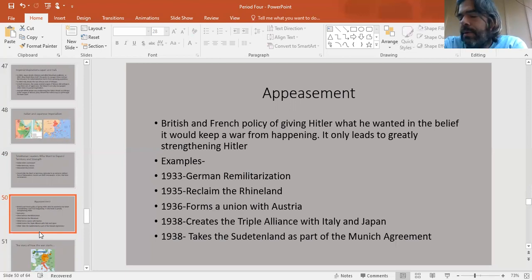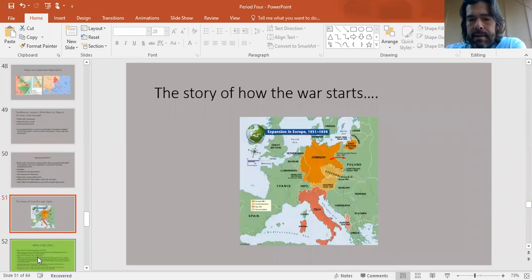The earlier they would have attacked Germany, the smaller the war would have been, the less powerful Hitler would have been, and this threat could have been taken care of. For example, in 1933, not long after Hitler comes to power, you will see on this map this river in blue.